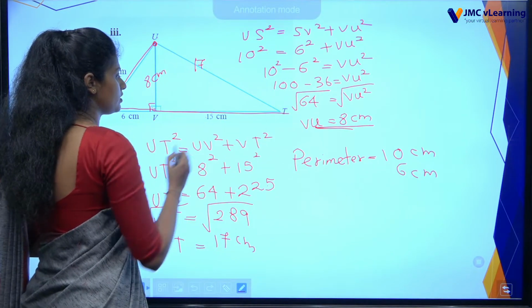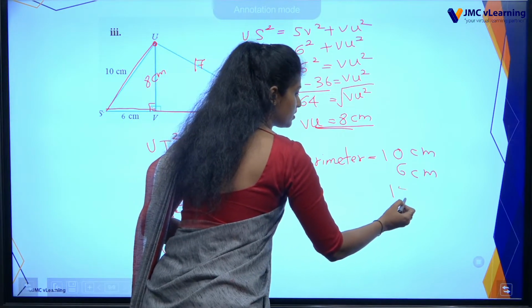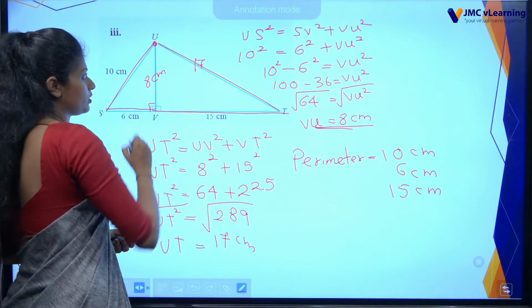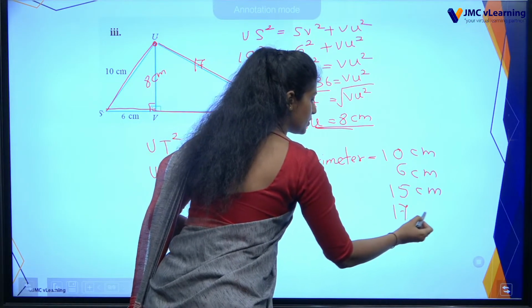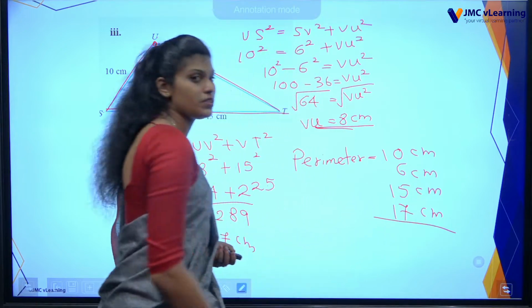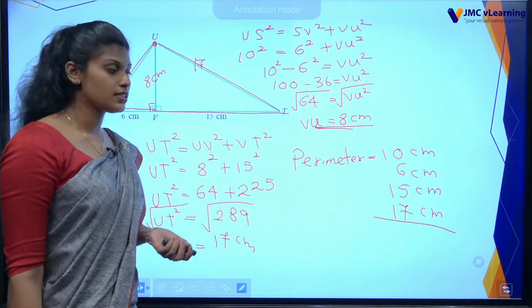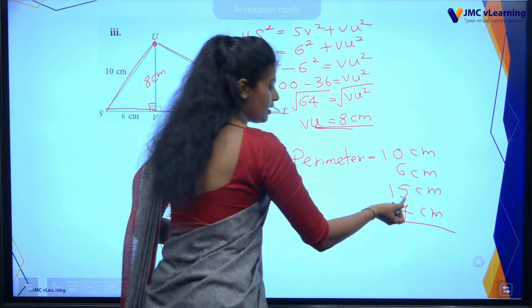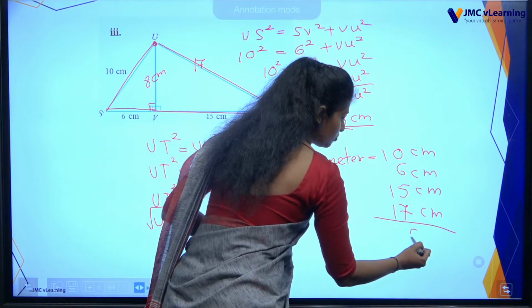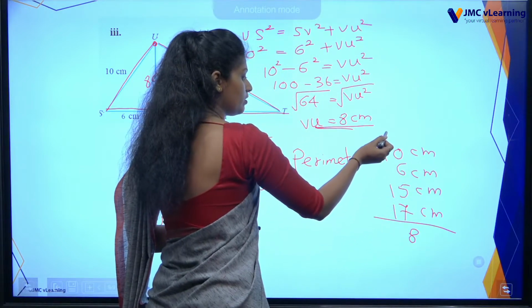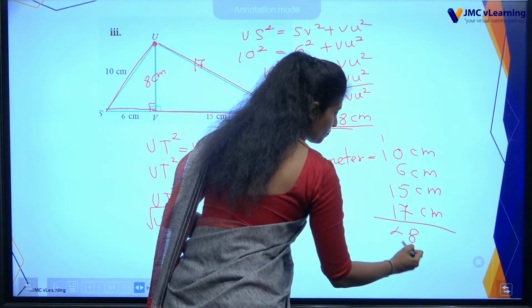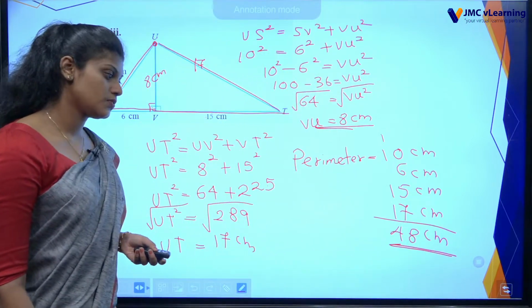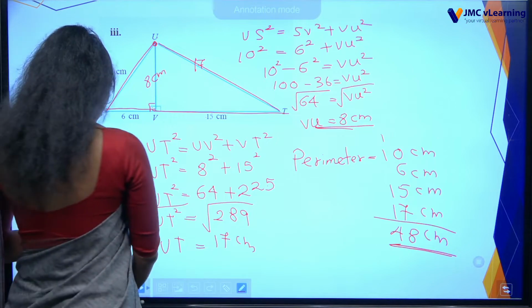Then VT, it is 15 centimeter, and finally TU, it is 17 centimeter. Now to find the perimeter of this figure, you have to add each length. Then 6 add 5, 11, 11 add 7, 18, put 8, 1 left, then 1, 2, 3, 4. So what is the perimeter of this figure? It is 48 centimeter.